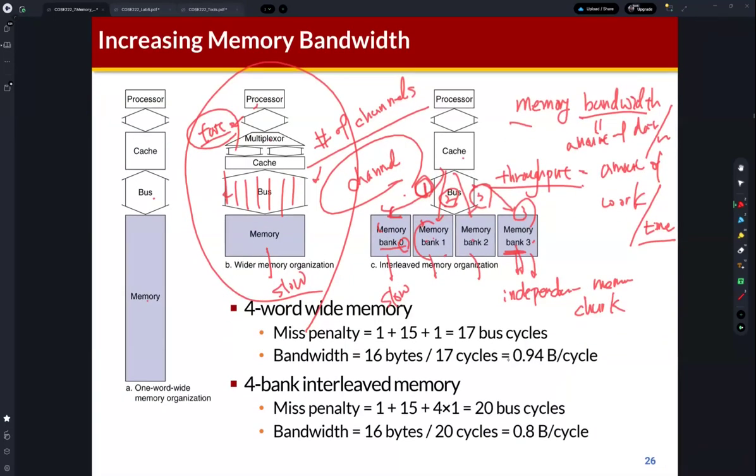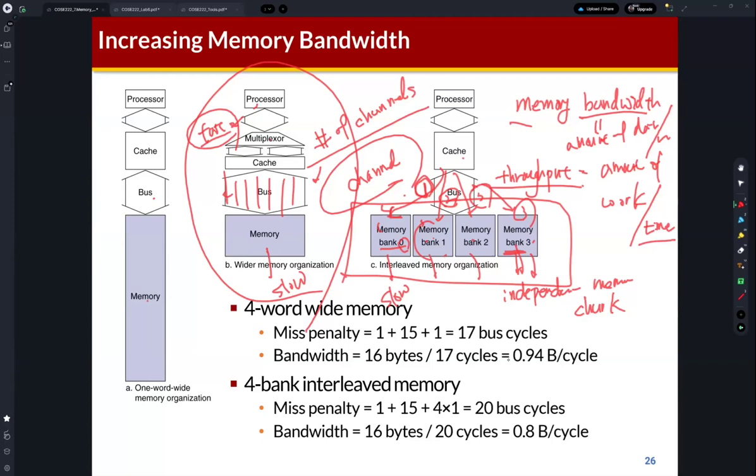By doing this, it is possible because the memory bank is slow, right? So there is a long idle time if we just use one bank. So the idea is that we can have multiple banks, and the request is given to the banks sequentially during the idle time. So what's the benefit?